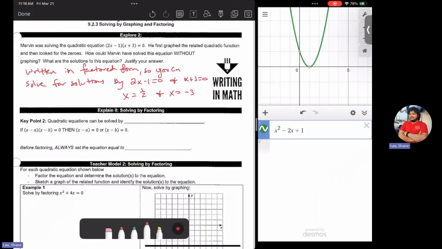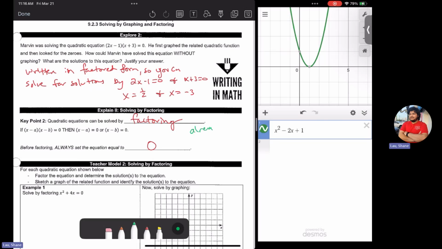Okay. Under explain 2, we have some fill in the blanks that we had to note. Key point 2 says quadratic equations can be solved by factoring. So make sure you know that you can be factoring. Before factoring, always set the equation equal to 0. If you do not set it equal to 0, it is not going to give you the best answer. Okay? It'll give you an answer, but it won't give you the answer. Now to clarify, this is something we should already know.